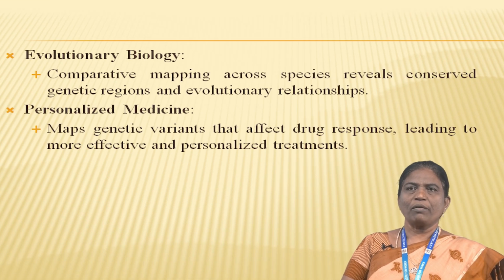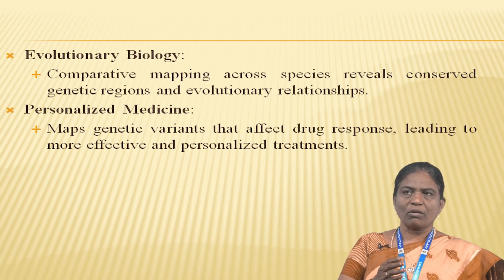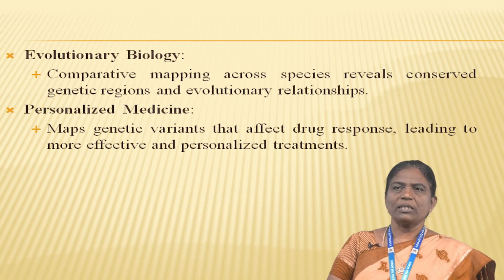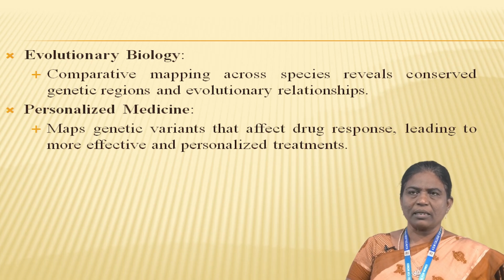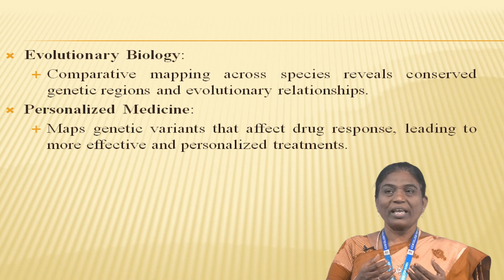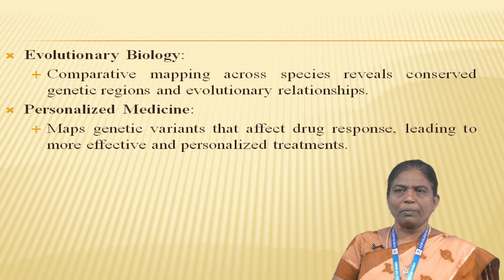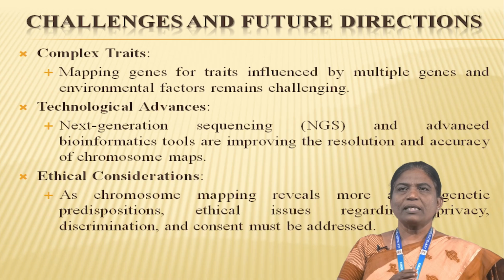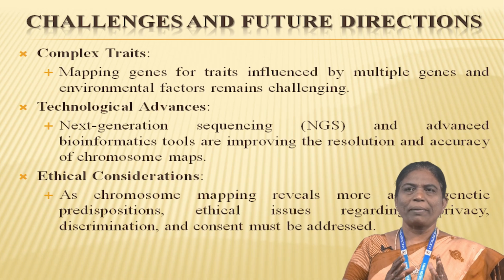In the field of evolutionary biology, comparative mapping across species reveals conserved genetic regions and evolutionary relationships. And in personalized medicine, maps help to see the genetic variants that affect drug response, leading to more effective and personalized treatments. When we see the challenges and future directions, the first challenge is complex traits.